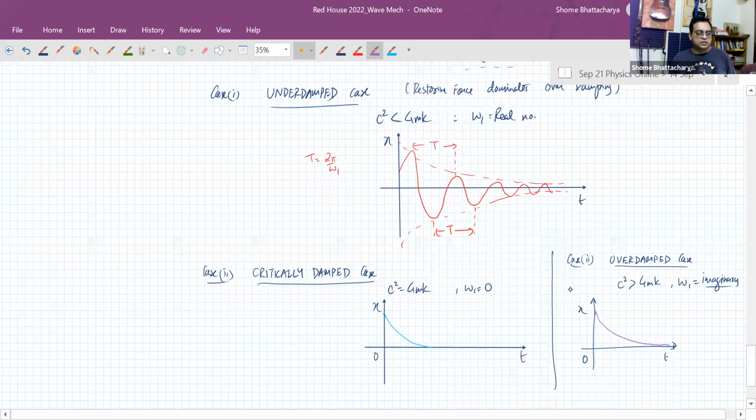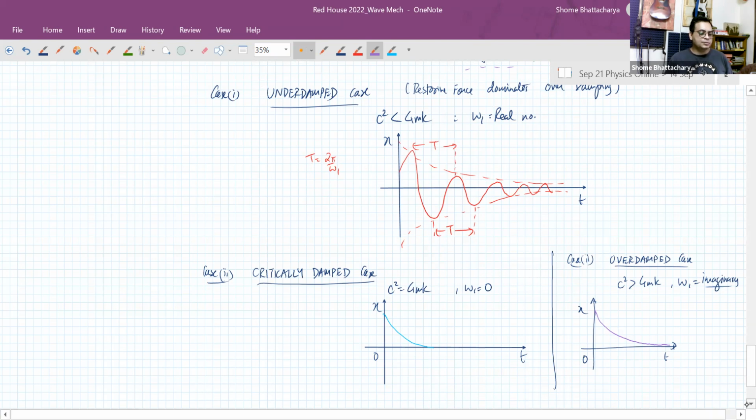The first one is the one that we intuitively expect, that it's oscillating but with decaying amplitude. That is the underdamped case. The restorative force still dominates to a certain extent, and the damping force just has the role of gradually decaying the amplitude without really changing the behavior of the to and fro motion, apart from the fact that the amplitude reduces.